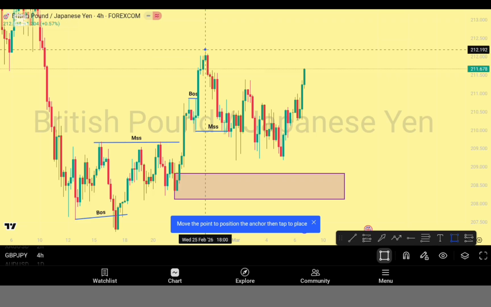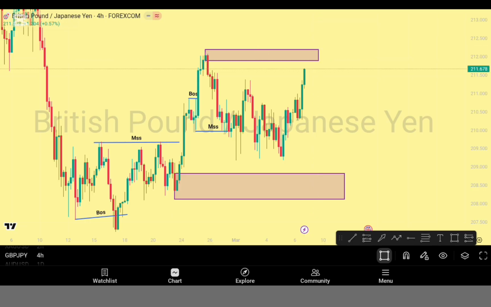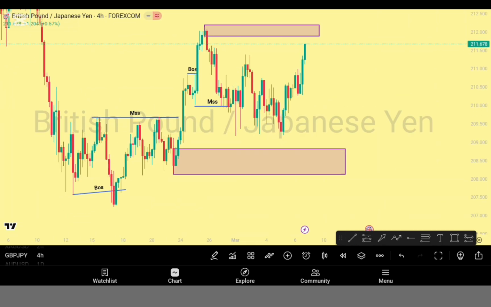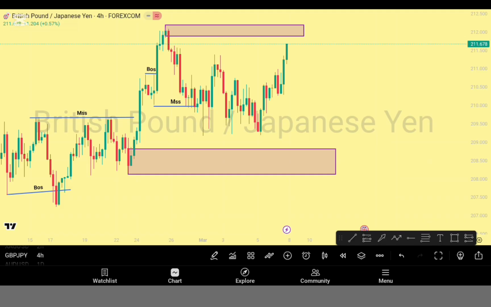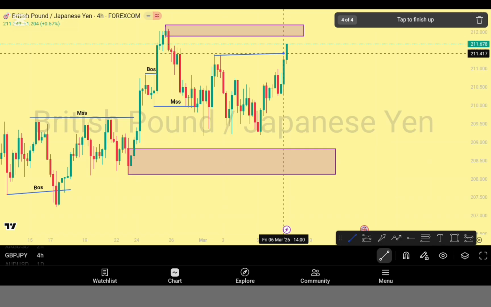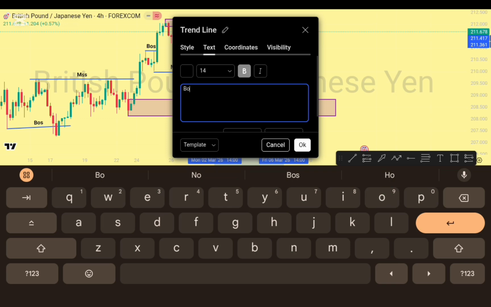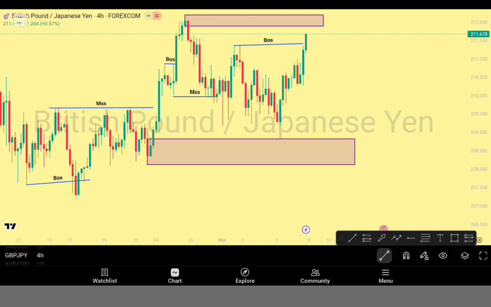Now for this market structure shift, this is the order block from the 4 hours, and you can see the market is breaking structure to the downside. Market gave us this order block here. Let's continue. I'm not even capping, I'm just going straight to the point.